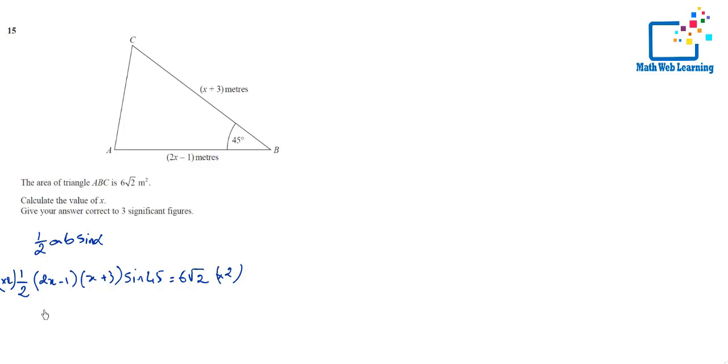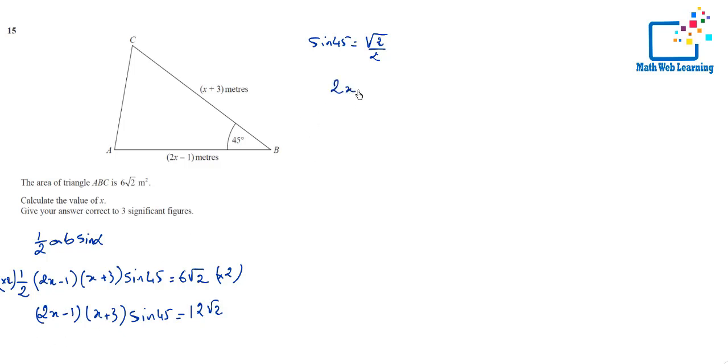So you will get a new, nicer expression, x plus 3 times sine 45, and this time it's going to be equal to 6 times 2, which is 12. Next, sine 45 is equal to square root of 2 over 2. We want to keep it as an exact value, so we're going to plug it in here. Again, still no expansion to be done at the moment.